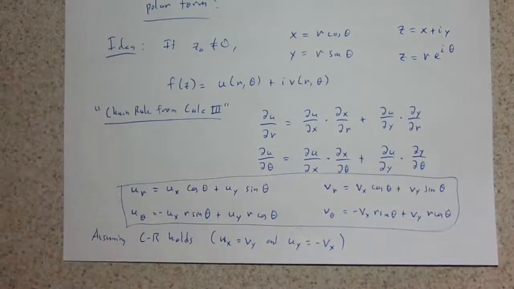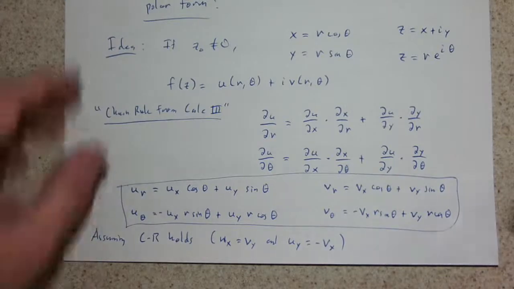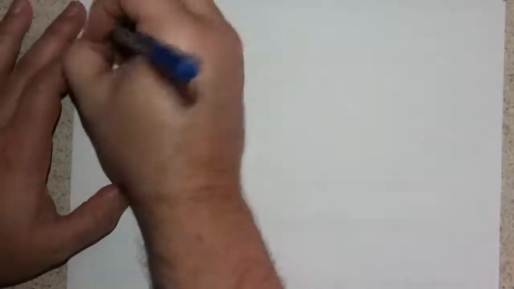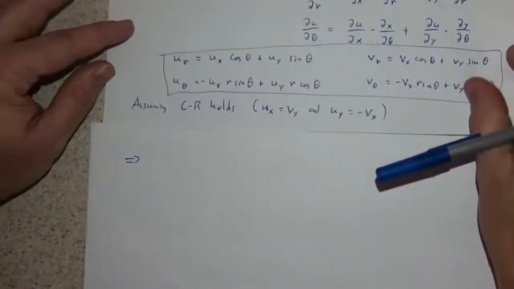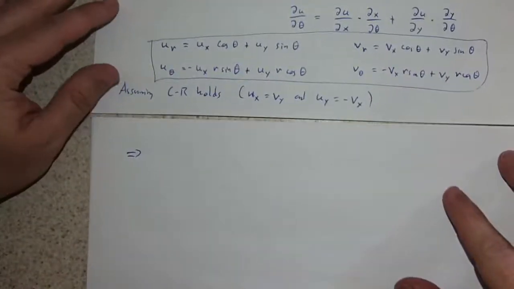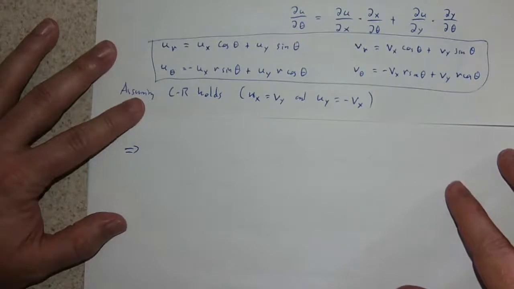So using Cauchy-Riemann to swap out relevant terms here, what do I get? So then this implies, maybe I should keep them on the same page so you can see what I'm doing here.